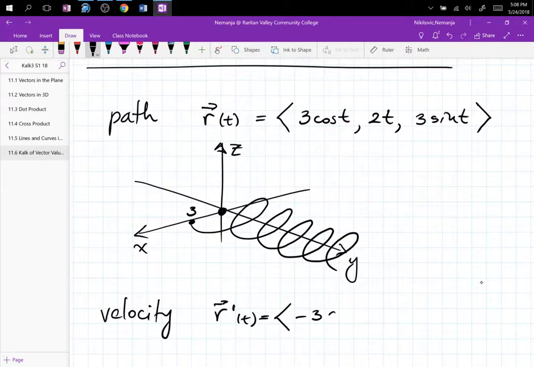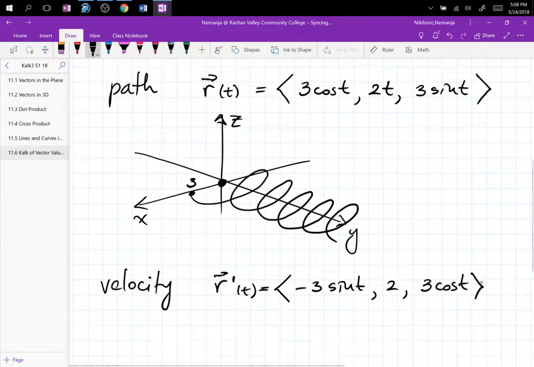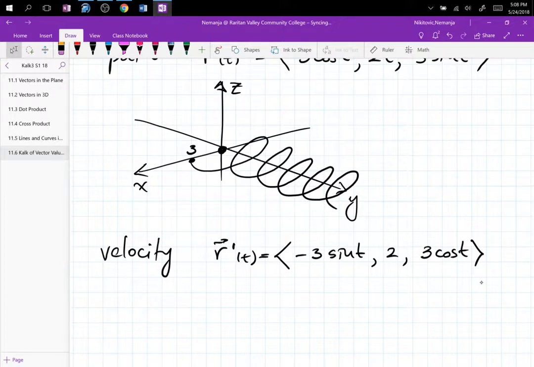Very good. What is the derivative of 2t? Nice. And what is the derivative of 3 sine t? Very good. Nice. What is speed? Absolute value of. Very good.